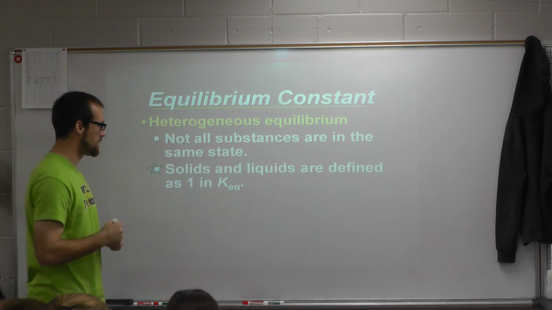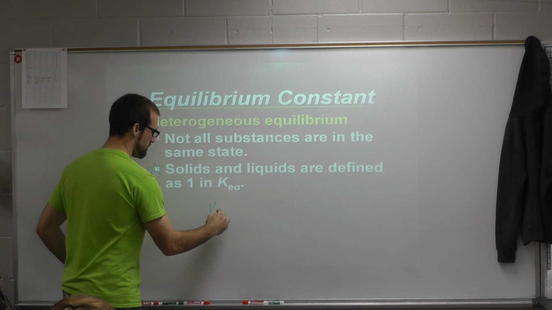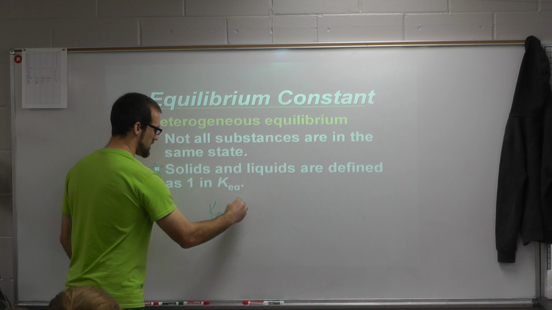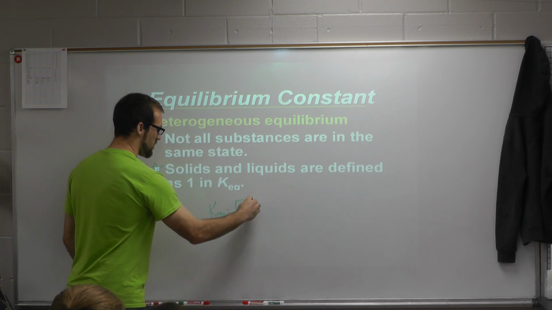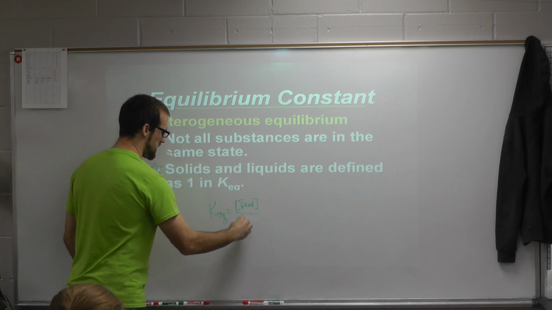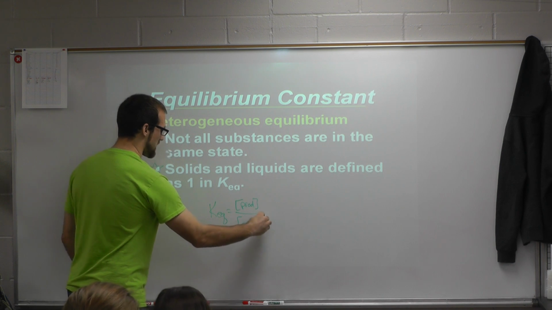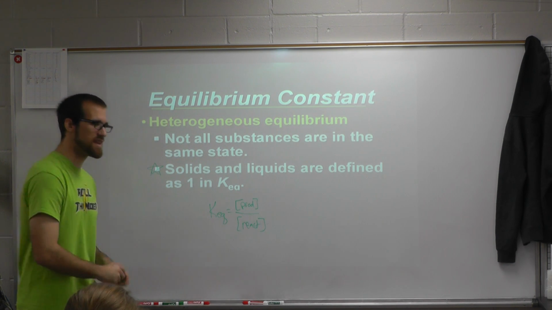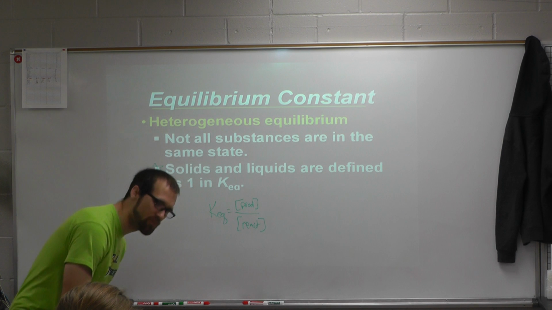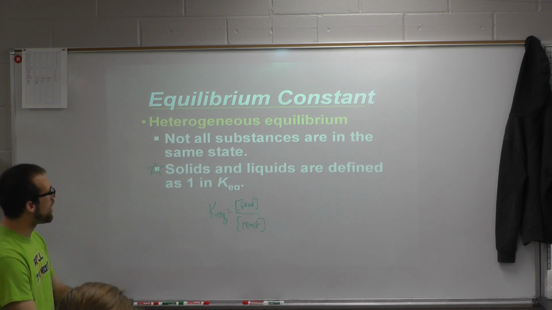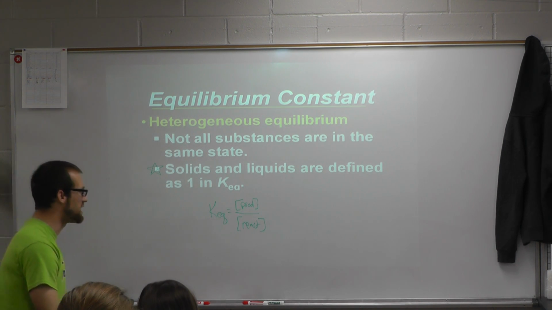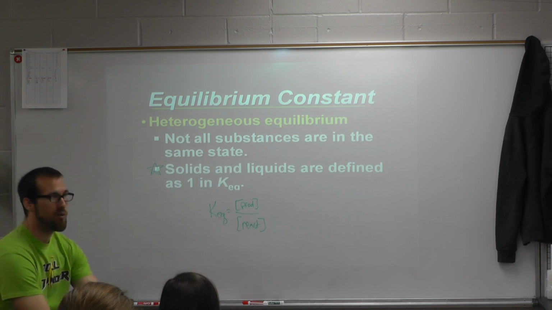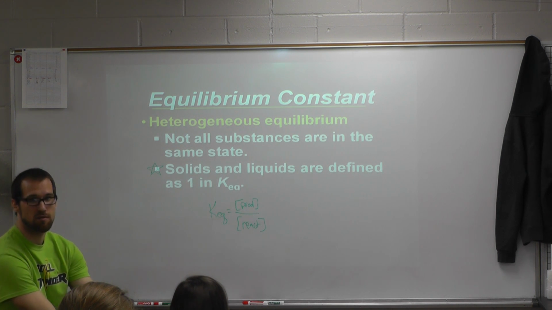We said the equilibrium expression was the concentration of your products divided by the concentration of your reactants, correct? This is a pretty conceptual question: why are solids and liquids defined as 1, or basically why do you never put solids or liquids in the equilibrium expression?